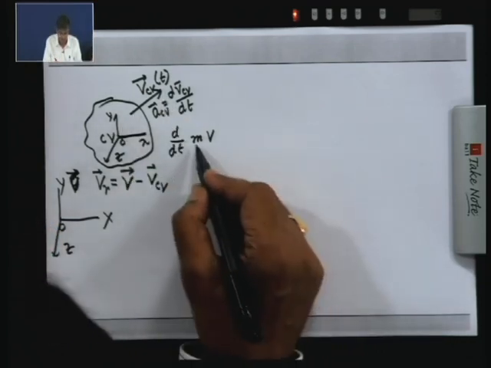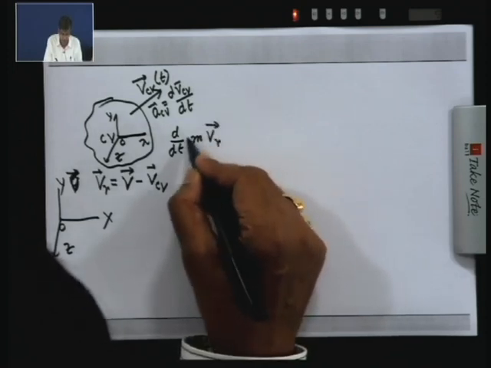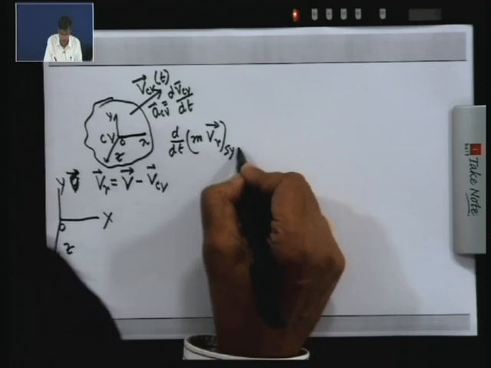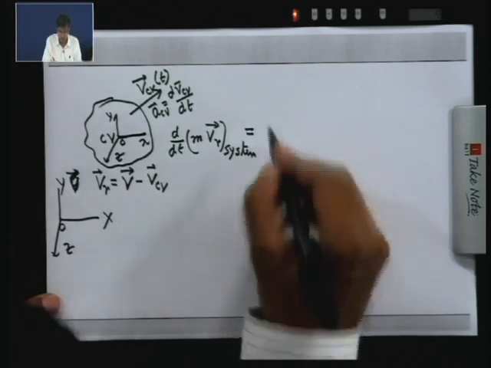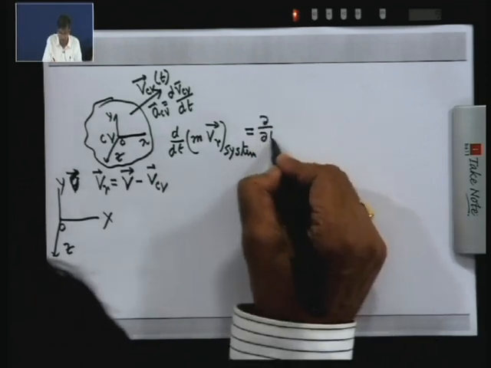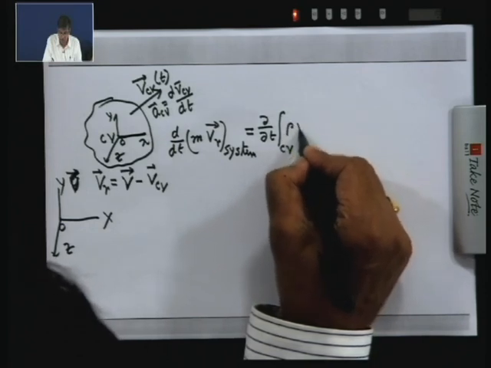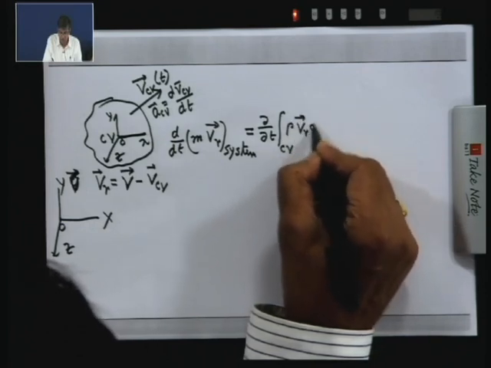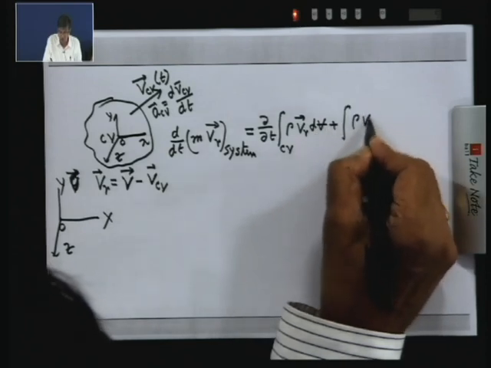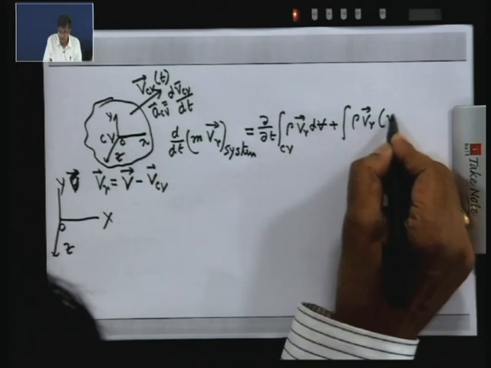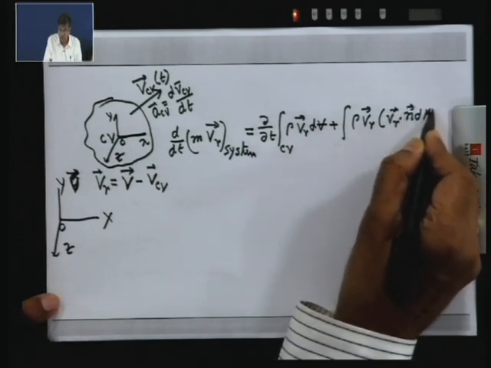So, then d/dt of m VR for the system equals del/del t of the integral over the control volume of rho VR dV, plus the integral of rho VR (VR dot n) dA, that means the rate of flux.